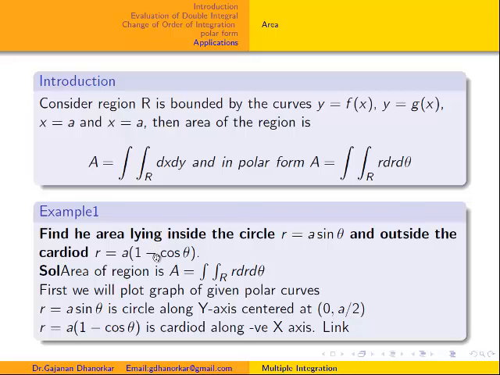Now here it is minus inside, that means this is along a different axis. Recalling both the figures in polar form, we will continue this example.